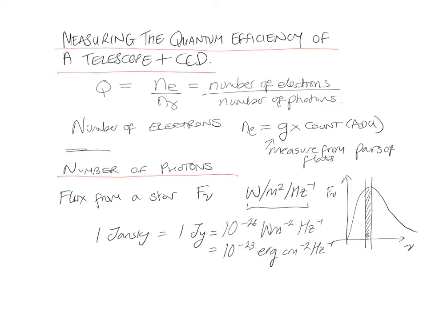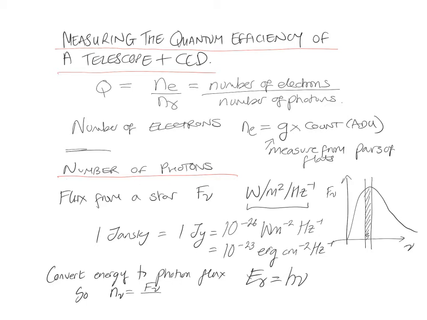Okay, so now we want to convert the energy flux into a photon number flux. And we remember that the energy of a single photon is related to the frequency of that photon by the Planck constant, h nu. So the number of photons of a given frequency that come from a star that has a certain flux at that frequency is just n as a function of frequency equal to the flux divided by h nu.